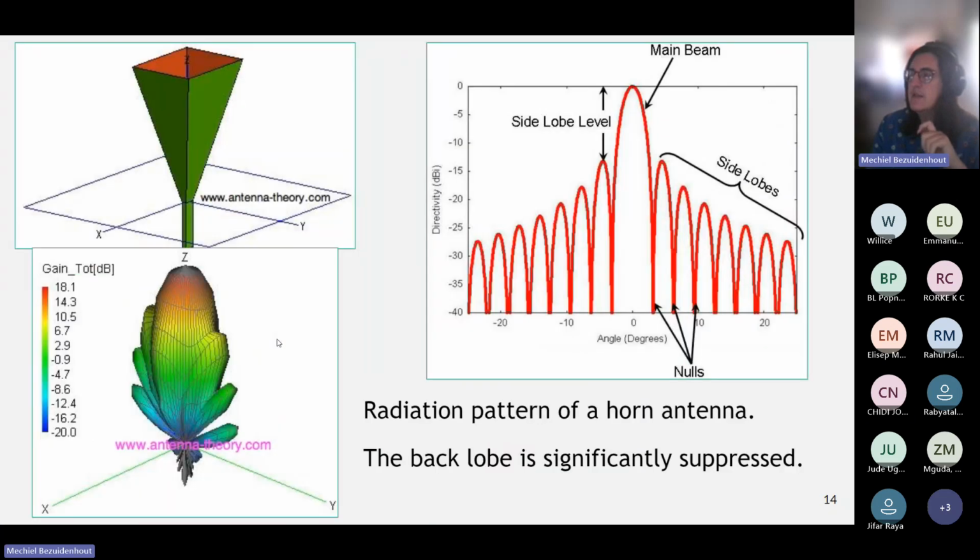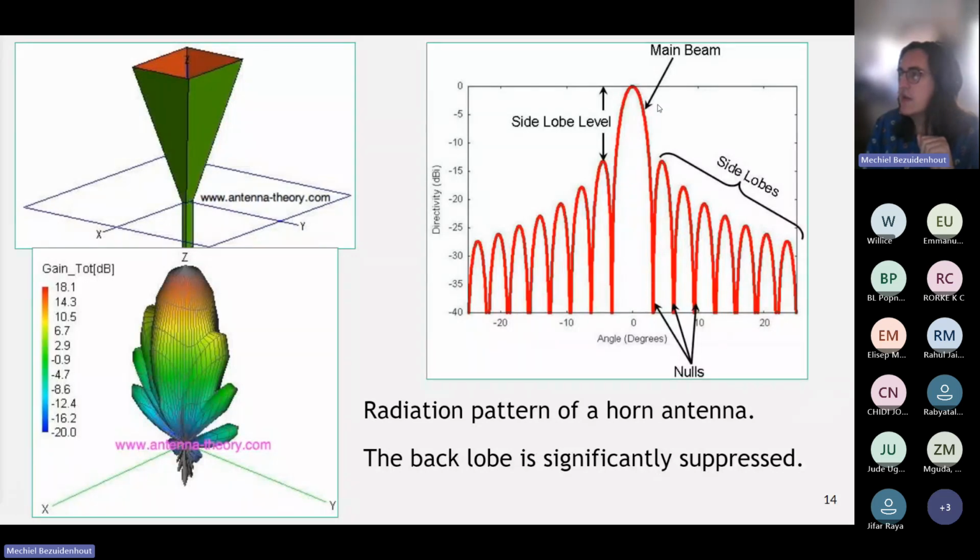Now this is the pattern for a horn antenna. Here you can see that the back lobe is significantly suppressed. Because we have this waveguide, this physical structure which keeps out radiation from a particular direction, we are significantly suppressing the back lobe, but there are still these side lobes coming out of the sides.